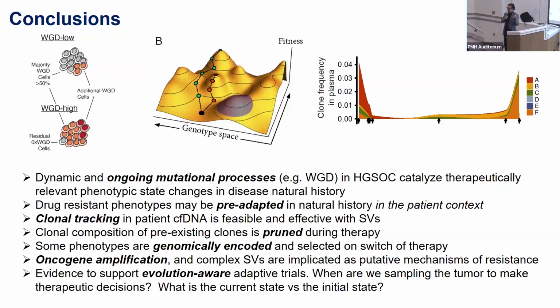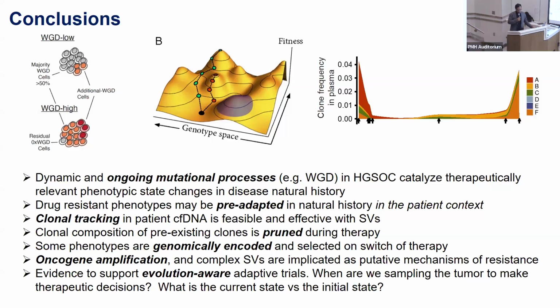So these are clones that we could find at the diagnosis that had already evolved some sort of mechanism that could explain relapse in the context of a drug. I think this is consistent with the idea that you have massive diversification throughout disease evolution, and there's therapeutic selective pressure that is selecting out pre-existing clones.